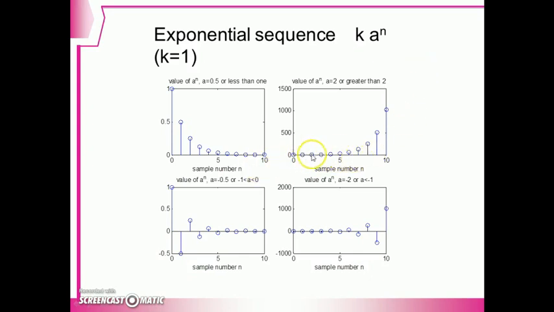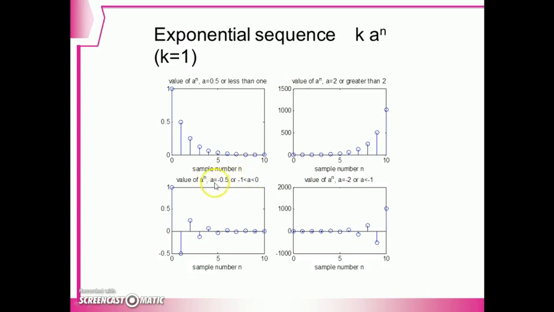Here it appeared like 0 because we marked the axis from 0 to 500, 1000, 1500. So even though the values 2, 4, 8, 16, 32, 64 are all very close to 0 because of this higher scale.